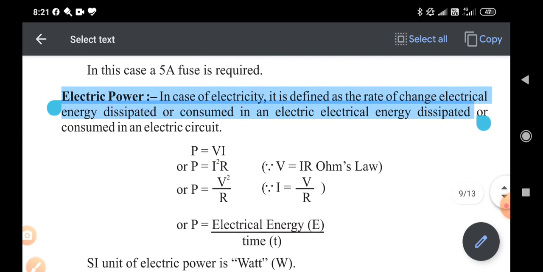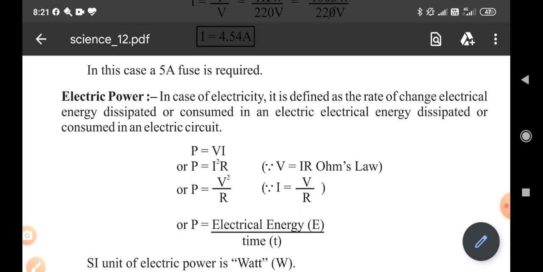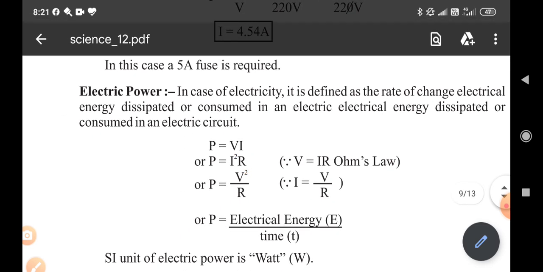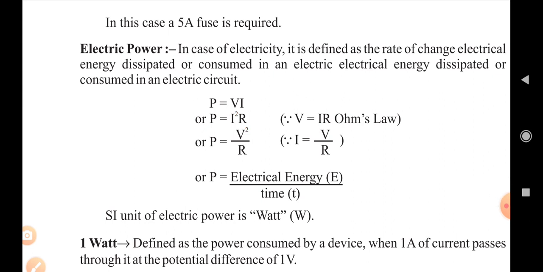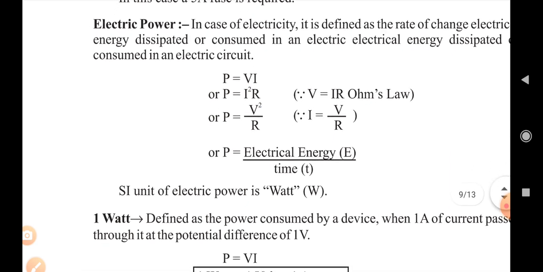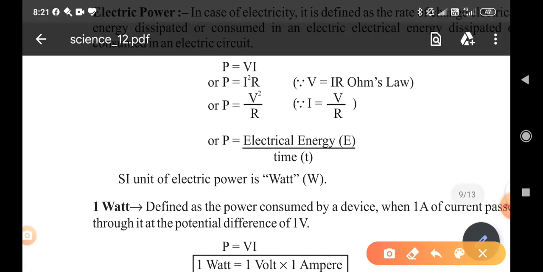As we know, P equals V into I. Therefore, on putting V equal to IR, we get P equals I square R. Or if we put I equal to V upon R, we get P equals V square by R.